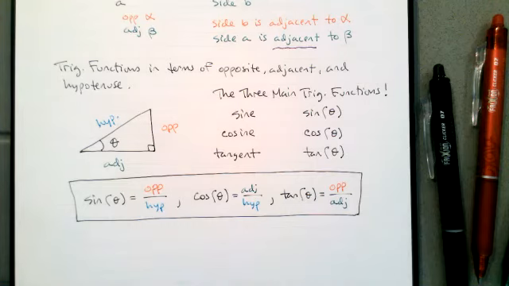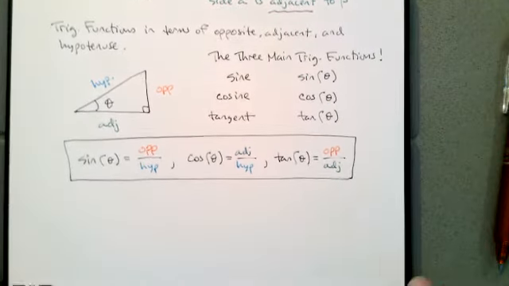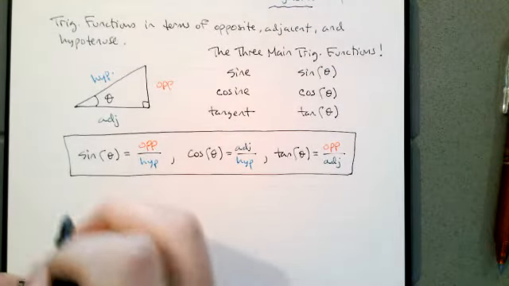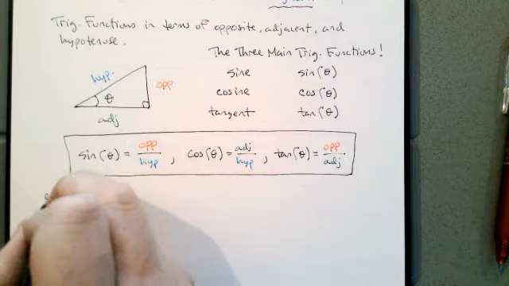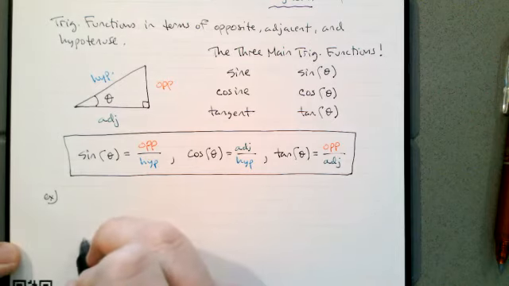So let's take a look at an example using an actual triangle. So let me build a right triangle.